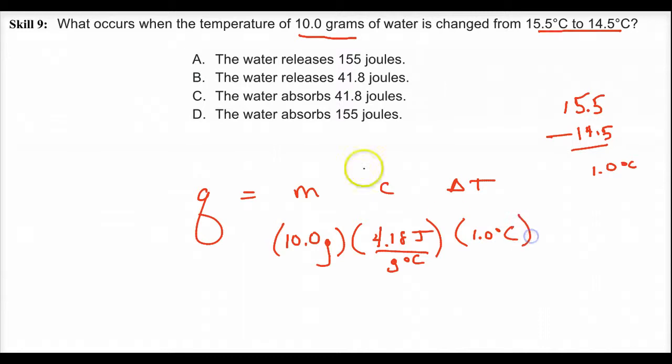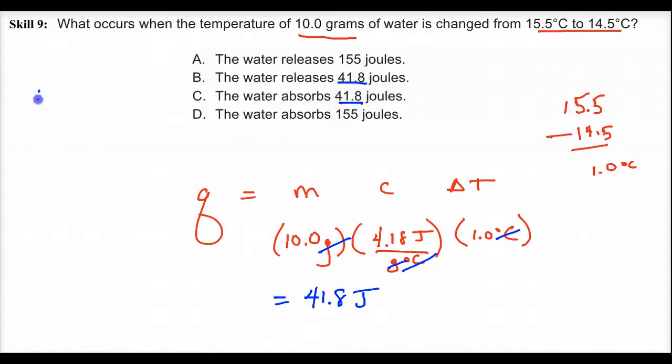And I think I can do this math. Grams cancel, degrees Celsius cancel. 10 times 4.18 times 1 is going to be 41.8 joules. Question is, is the water releasing or absorbing?